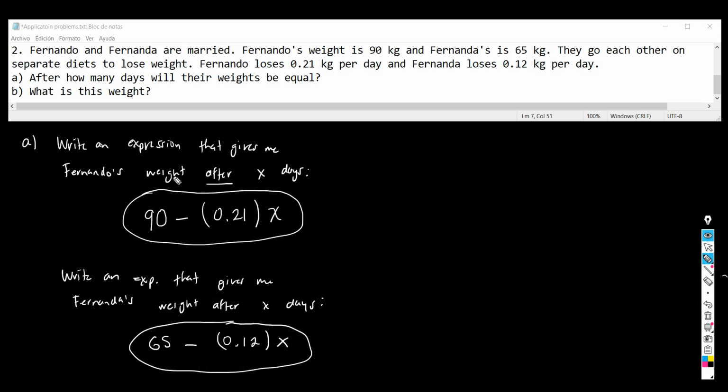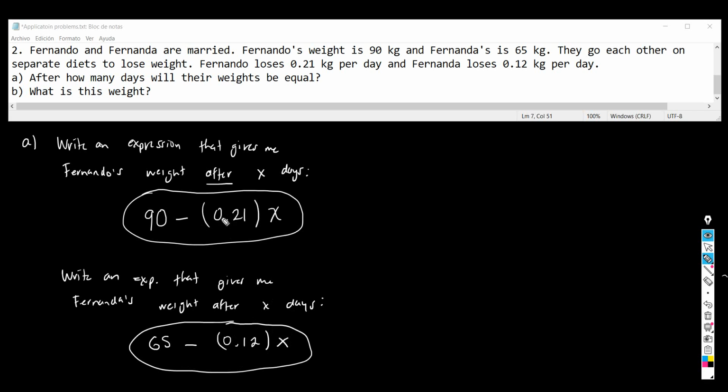And now, if we look at the question, after how many days will their weights be equal? So I want to know how many X days have to pass until both the weight of Fernando, which is represented by all of this, and the weight of Fernanda, which is equal to all of this, are going to be equal.